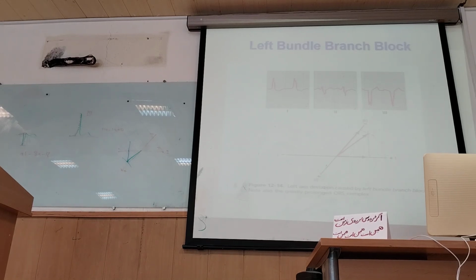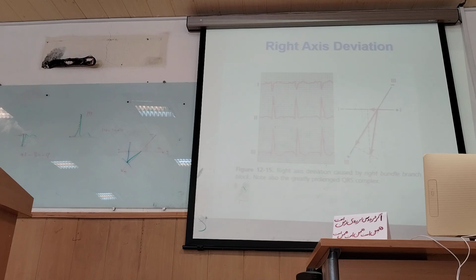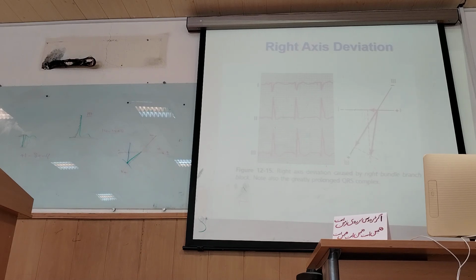At the entrance of the pulmonary artery, you have the pulmonary valve. If the valve is stenotic, it cannot pump blood freely through it, and it will use a high amount of energy to move the blood. So it will be hypertrophied. If it is hypertrophied, then you will have right axis deviation.